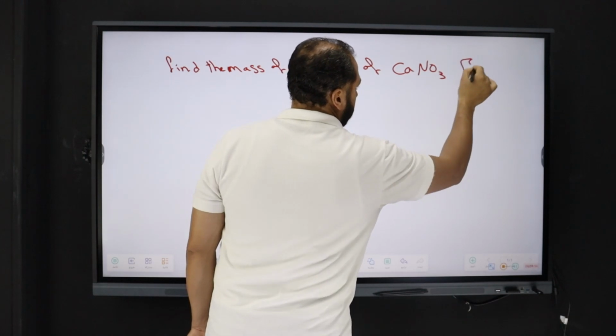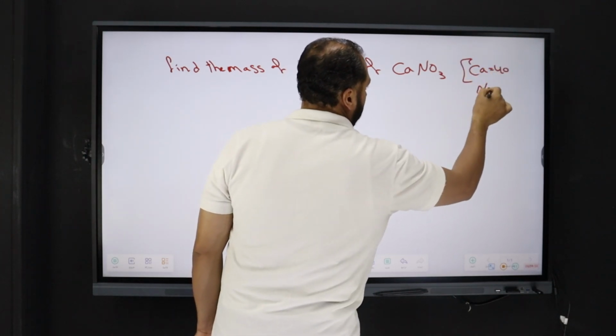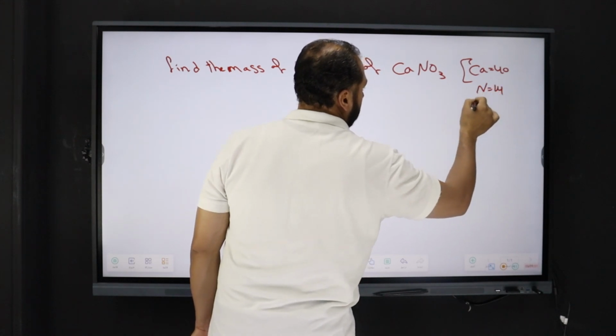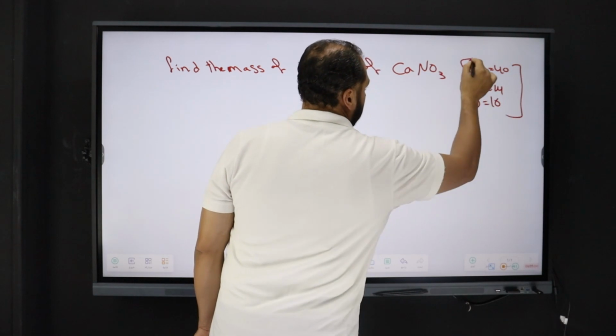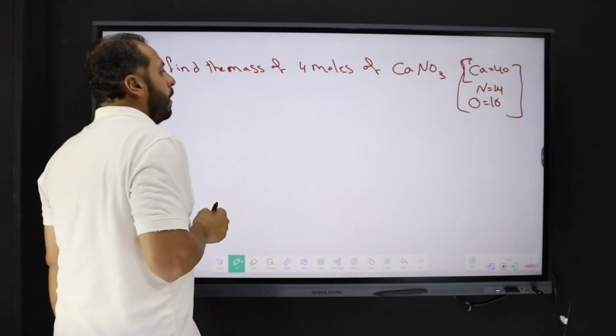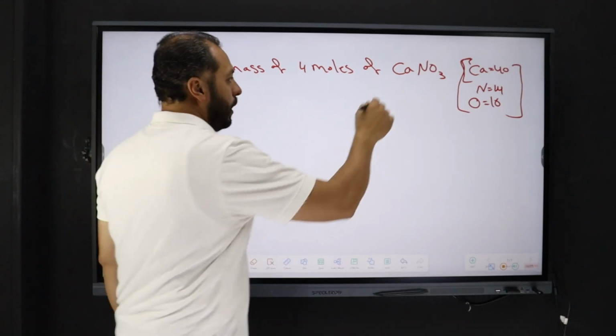And we have here Ca equals 40, N equals 14, O equals 16. How can we calculate the mass of 4 moles of calcium nitrate?